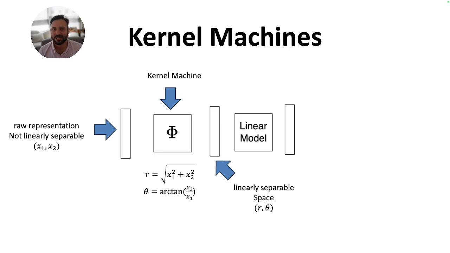So we can apply these two functions: square root of x1 squared plus x2 squared gives the radius, and theta, similarly, is arctangent of x2 divided by x1, which gives the angle. When we convert our data, we get a linearly separable space, our theta space. And from here, our linear model can learn using stochastic gradient descent, as we covered last time.